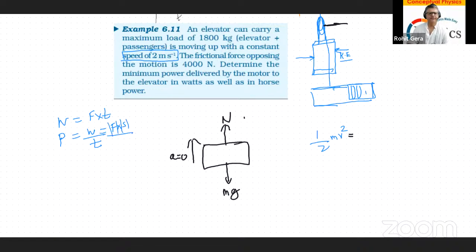So S by T is velocity. So power is also force into velocity. Remember that. If you are pushing a body with a certain force and that body is moving with a constant velocity, the power being used to do that.